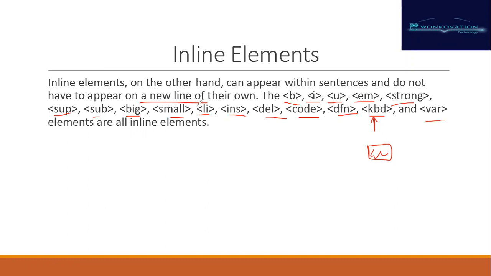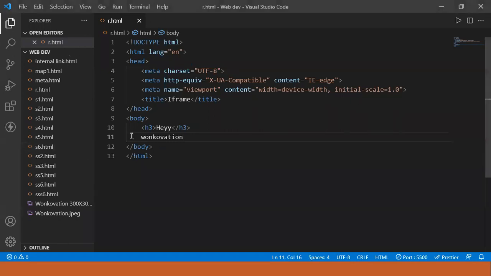When we use these, it will not shift to the next line. It will remain on the same line. Let us take an example also. Let us take the emphasis example here. I am going to use the emphasis tag, and after the closing tag, let's say this only, putting text inside the emphasis.